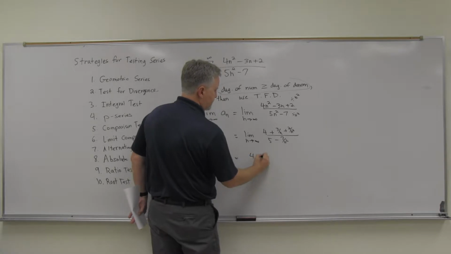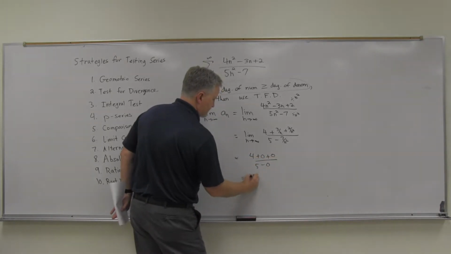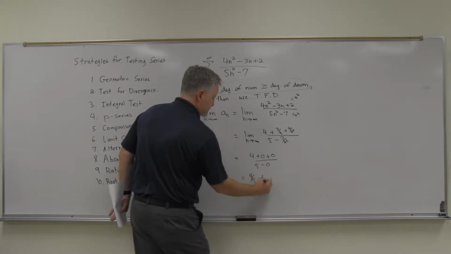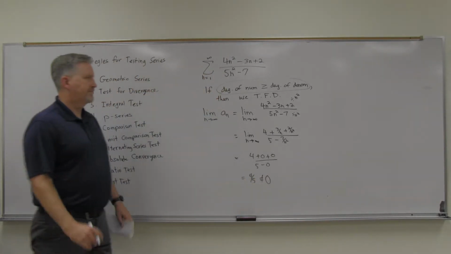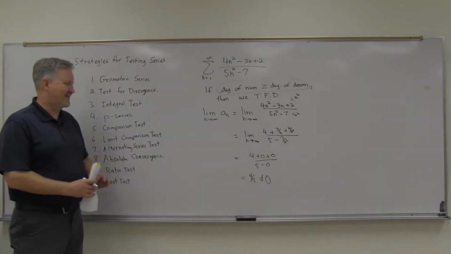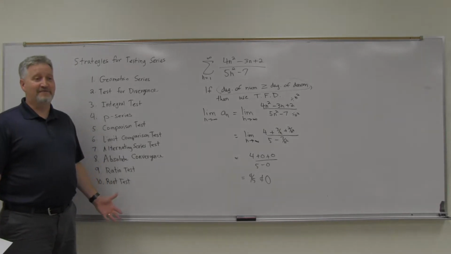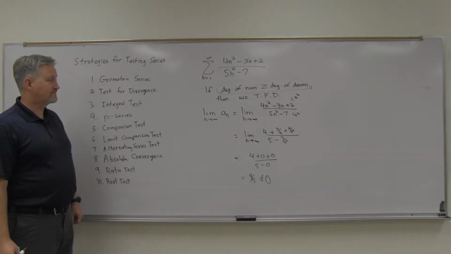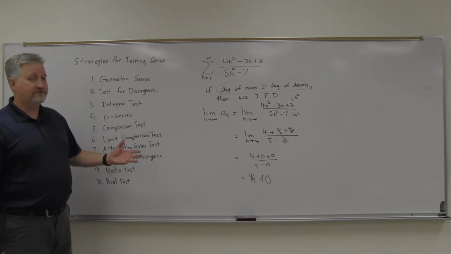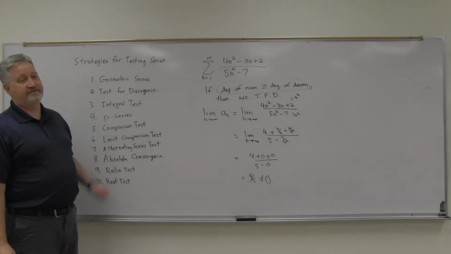I got 4 plus 0 plus 0 over 5 minus 0, I got 4/5. In the test for divergence, that's a good thing, I guess you'd say, because it tells you something. If that's not equal to 0, that series diverges.